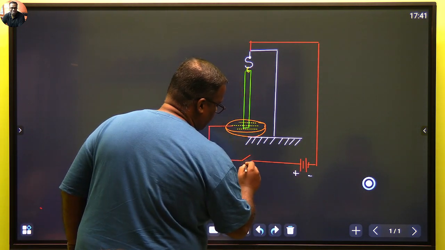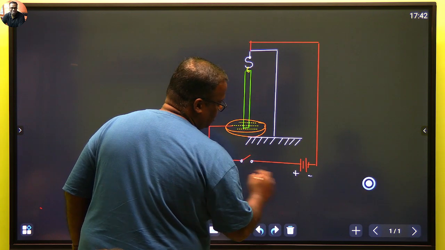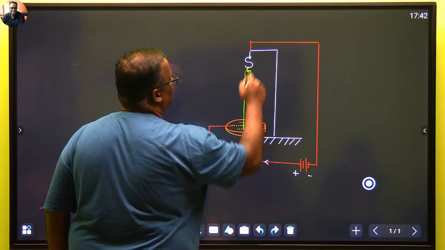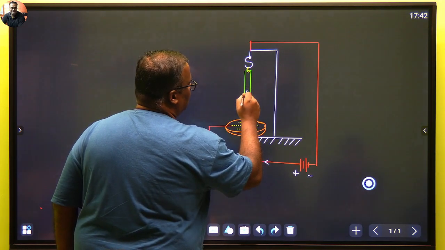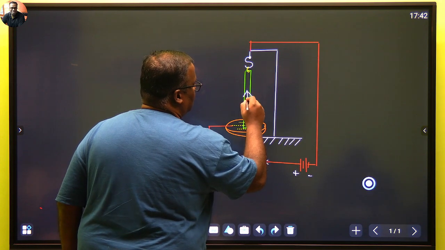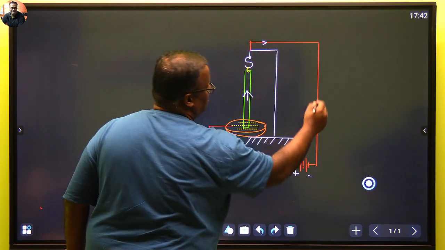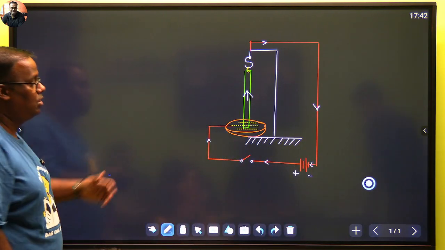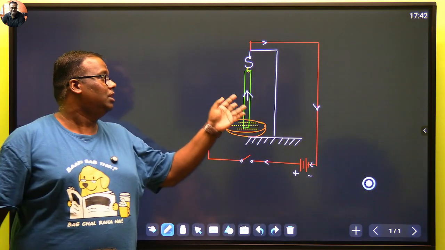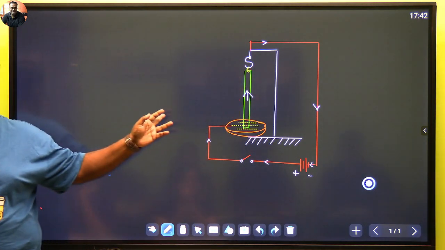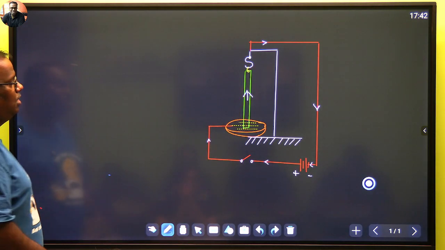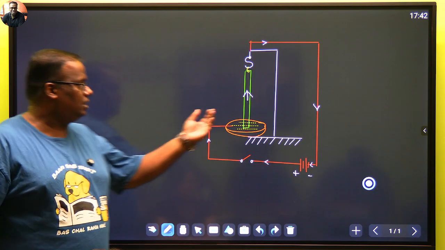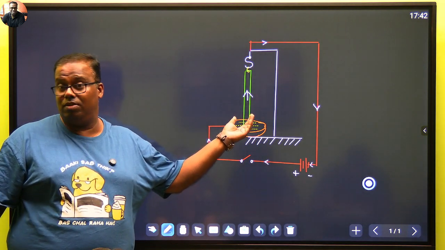There is a cell and you have a switch out here, right? So if you turn it on, the current should flow in this direction, and then the current flows in this direction, it comes back in this direction. Try and understand. If I turn it on, current flows through this conductor. Easy to understand? And if current flows through this conductor, as per what we have studied, this should behave like a magnet.